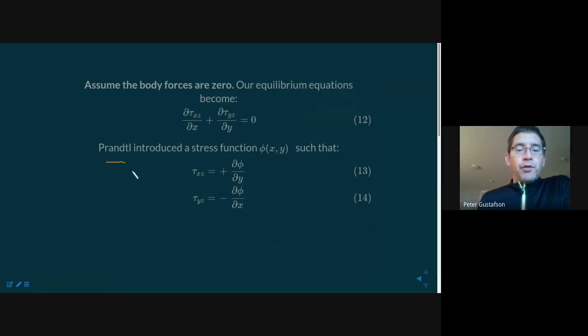A guy named Prandtl introduced what he defined as a stress function. Now, we don't know what that stress function is.